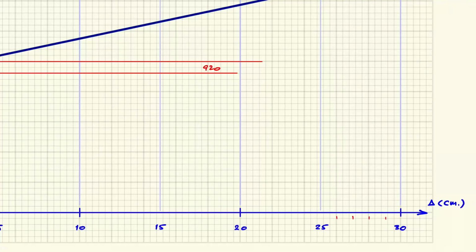And 27.8, which is around here. Okay, beautiful.